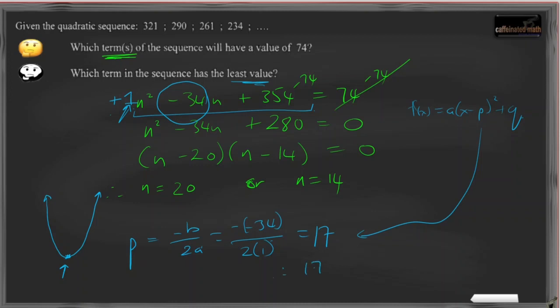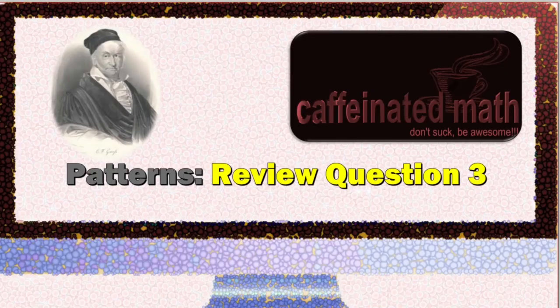Therefore we are talking about the 17th term having the lowest value in this sequence. There you go.